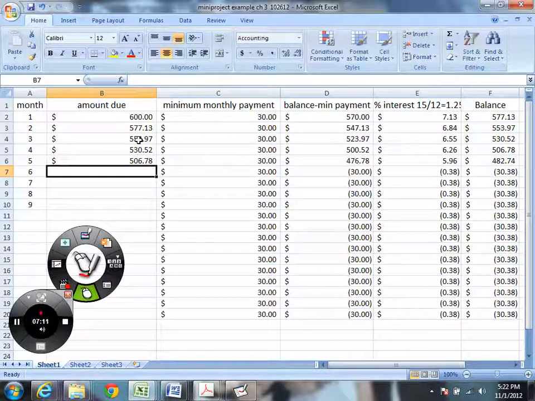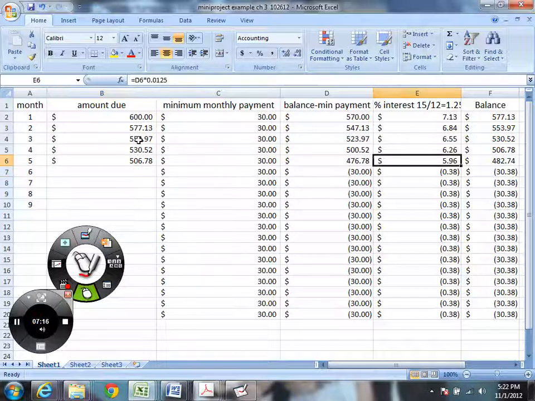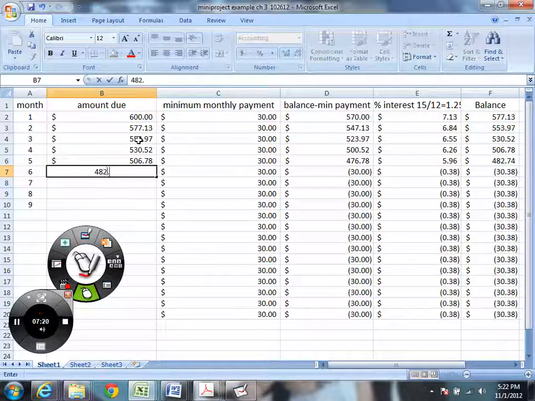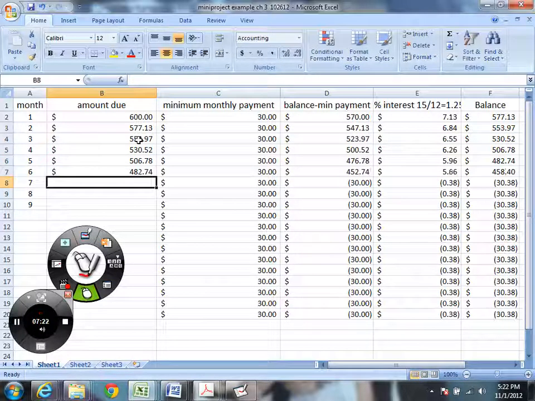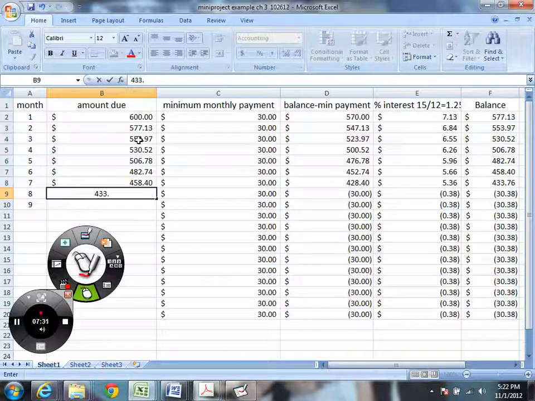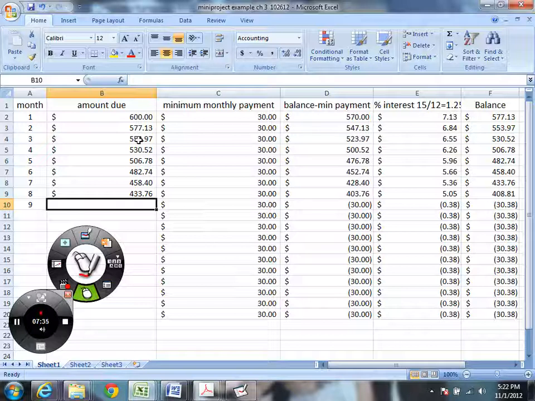Fixed all that. And then I can just plug in the 482. See that right here, 482. So it's pretty quick. You can just do 482.74. And then the next one is 458.40. And the next one is 433.76. You getting the idea? And you keep doing that until you don't know anymore.